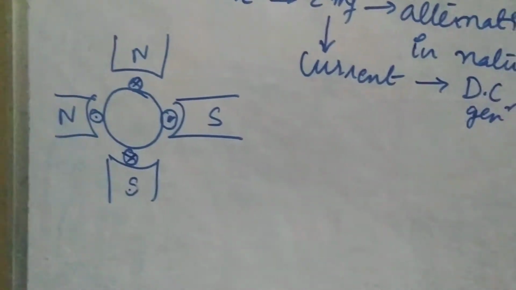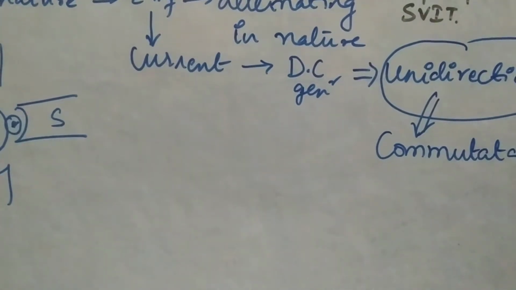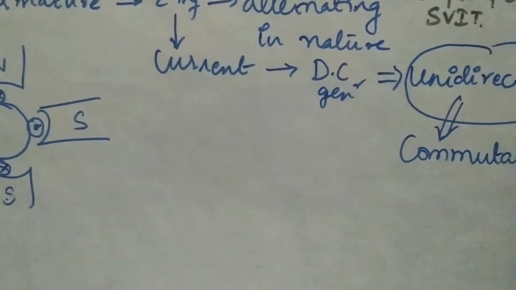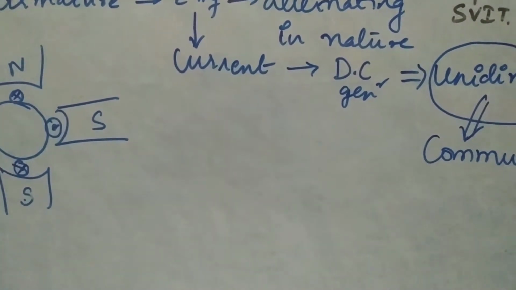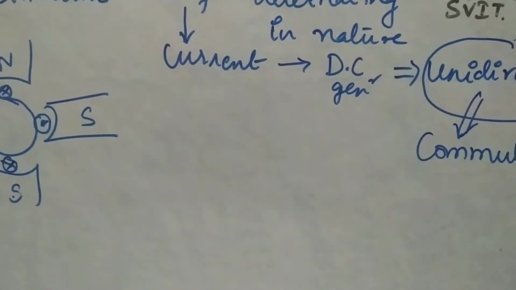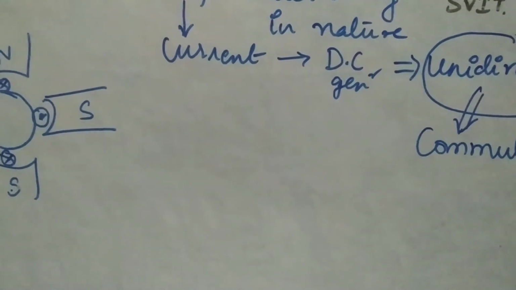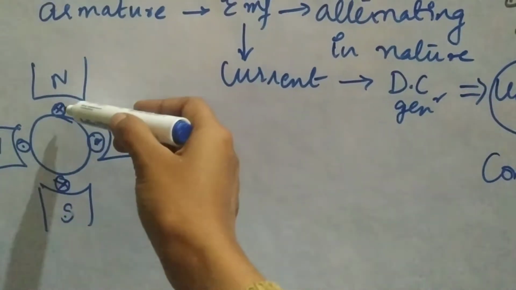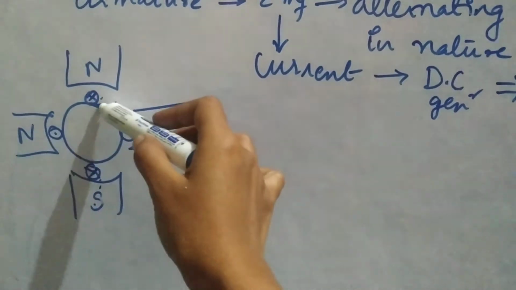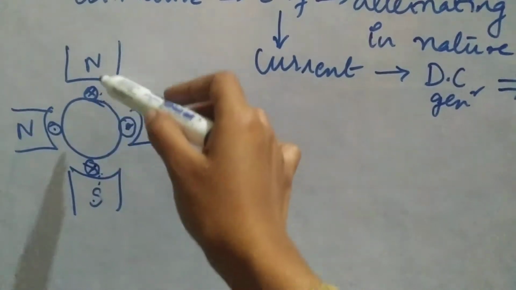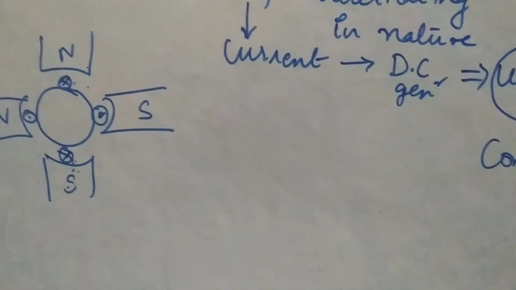So here what will happen? When the armature conductors are under the influence of one pole, they will carry the current in one direction. When the same conductor comes under the influence of another pole, this is north, this is south, it should change its direction.